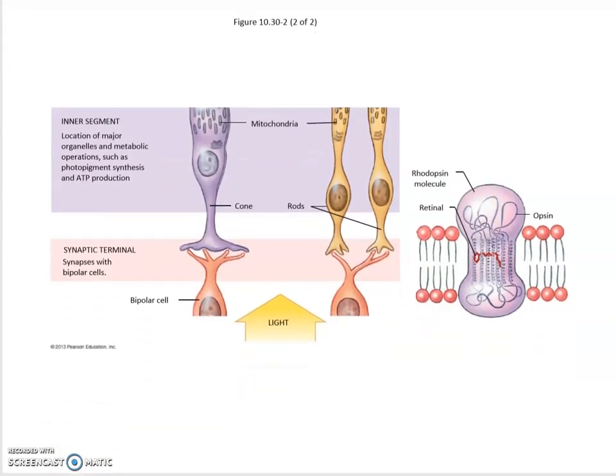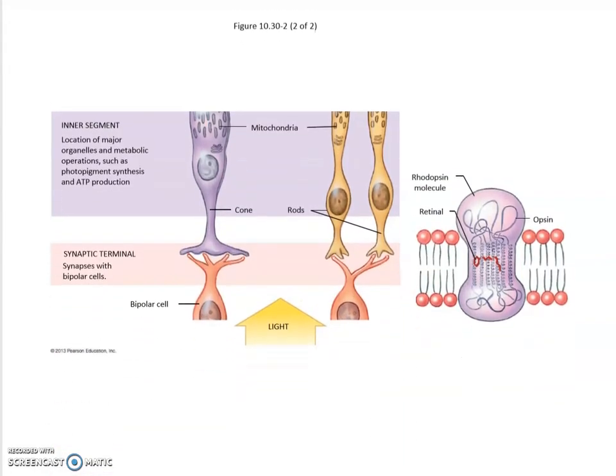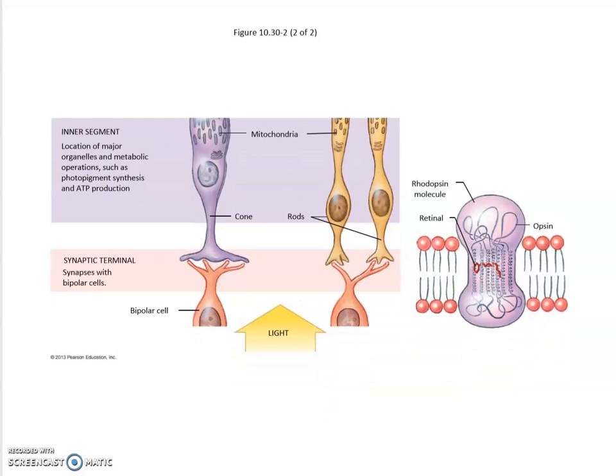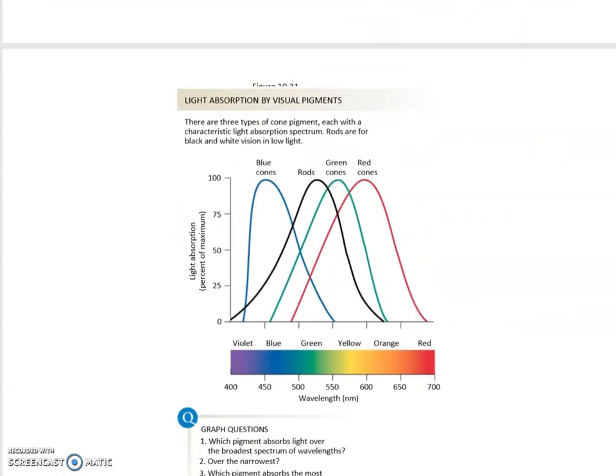Let's take a look at how that works specifically. So here, a little bit more up close, again, the rhodopsin is the photopigment of the rods for black and white vision, highly sensitive. As soon as light hits, rhodopsin falls apart very quickly into retinol and opsin, at the speed of light, literally. And the cones, we're going to take a look at next.